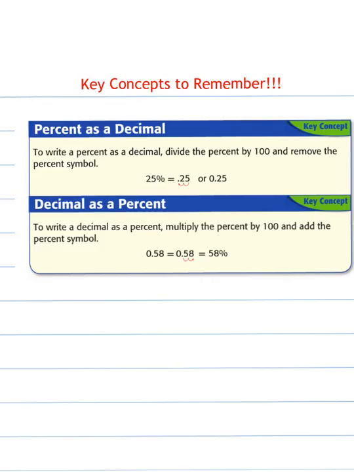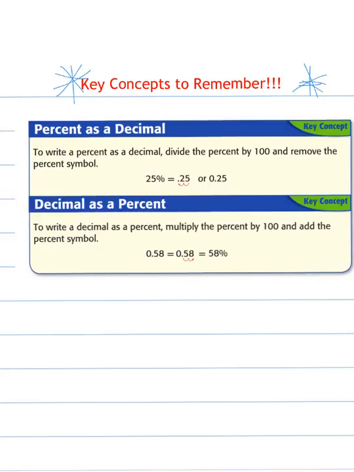Here are key concepts to remember, which means very important. We need to remember these things. So I would pause the video here, copy this chart down. Percents as a decimal. So this is reminding you how to move a percent to a decimal. To write a percent as a decimal, divide the percent by 100. Same thing as moving the decimal spot 2 to the left. And remove the percent symbol.